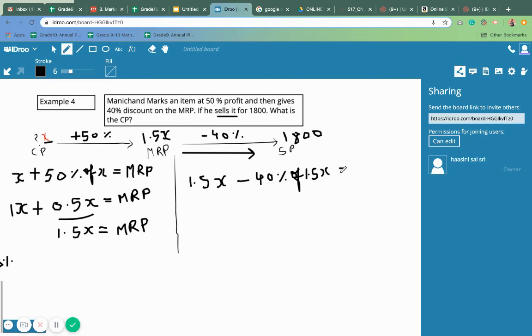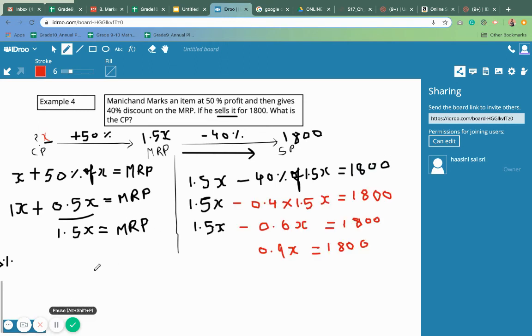So this is equal to 1800. Now I have to solve this equation. 1.5X minus 40%, which can be written as 0.4, multiplied with 1.5X, is equal to 1800. So 1.5X is written as it is. 0.4 into 1.5 will give me 0.6X. So that is equal to 1800.